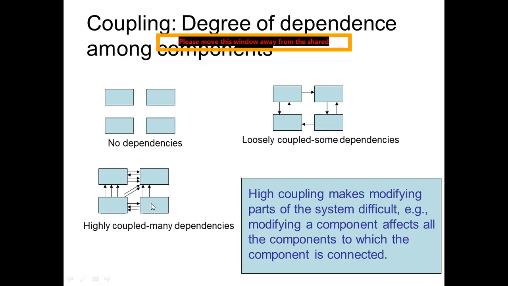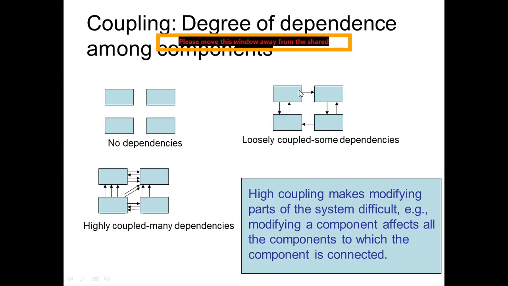Whenever we upgrade the portion of this component, this will affect all these 3 components. Suppose we update here, then this has very strong dependencies on these 3. So the modification is very difficult in this case.